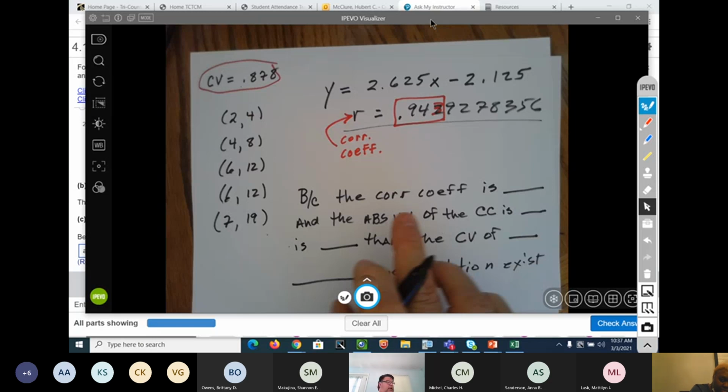Okay, and I'm going to take my handy dandy highlighters because I'm going to make sure everybody understands where I'm getting everything. So 0.943 is right here.